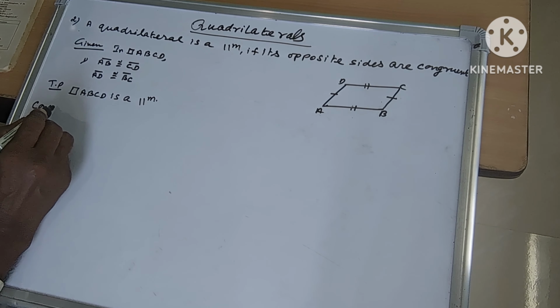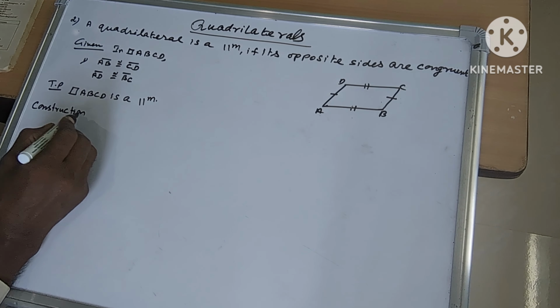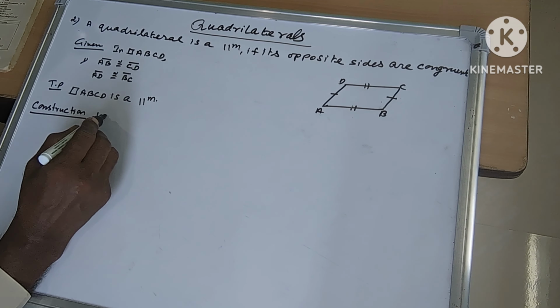Construction: join AC. Now we get two triangles, and we have to prove by some test that these two triangles are congruent. Then, by any one of the properties of a parallelogram, we can say this is a parallelogram. So, join AC; now we get two triangles, one and two.